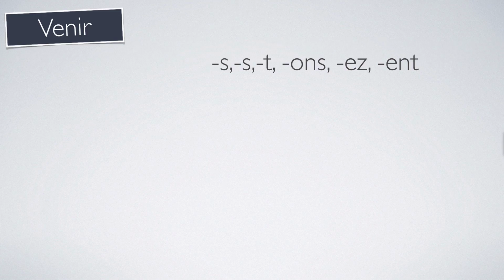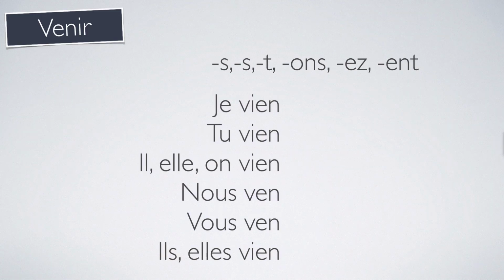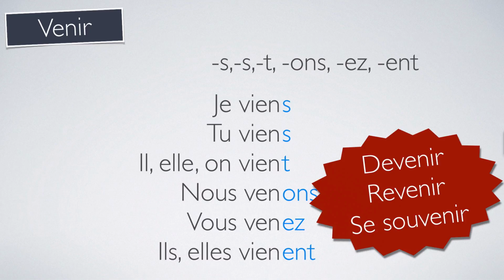Another very similar verb is venir, to come. The endings are this way, and as you can see, for this verb too, we've got two vowels. So we have je viens, tu viens, il vient, elle vient, on vient, nous venons, vous venez, ils viennent, elles viennent. And with this verb too, we also have many verbs like devenir, to become, revenir, to come back, se souvenir, to remember.